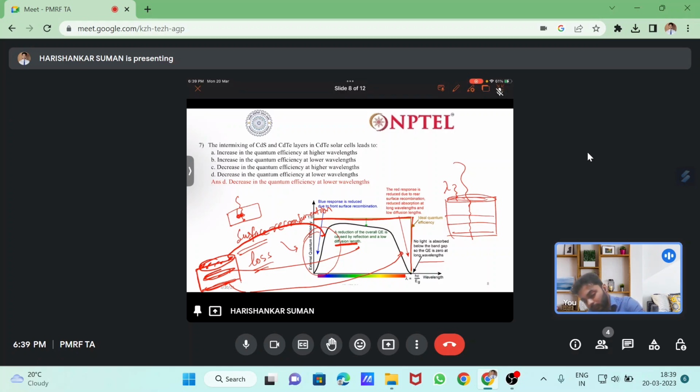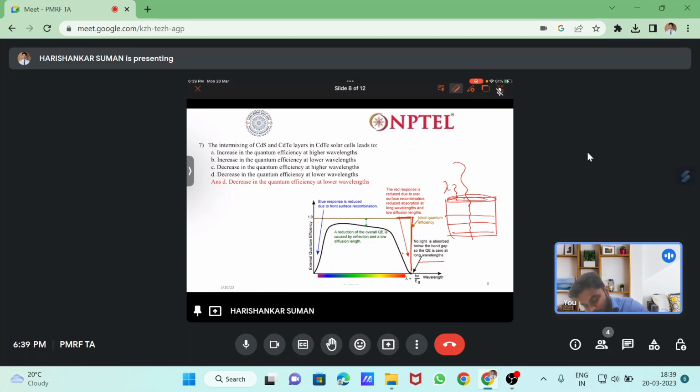But there is always loss, so quantum efficiency will be less than unity. If quantum efficiency is high, then our solar cell is good.